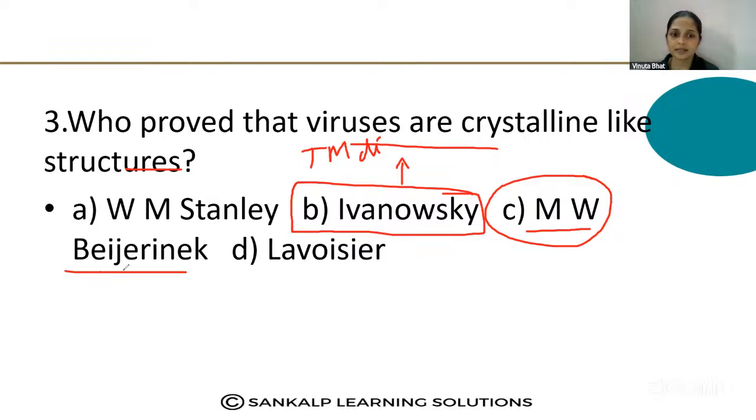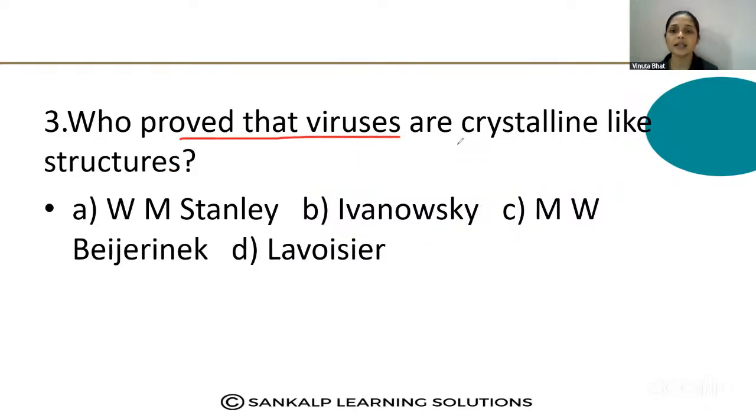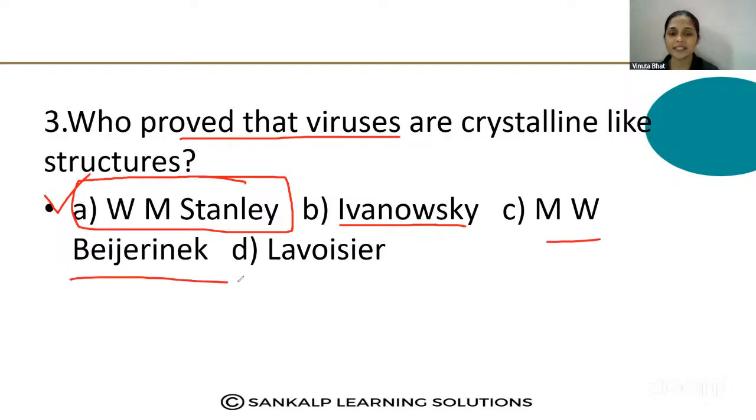So that is the contribution of M.W. Beijerinck. So the correct answer, the scientist who proved that viruses are crystalline like structures, is W.M. Stanley. The correct option, option A, W.M. Stanley. And you should know the contribution of Ivanovsky and M.W. Beijerinck also.